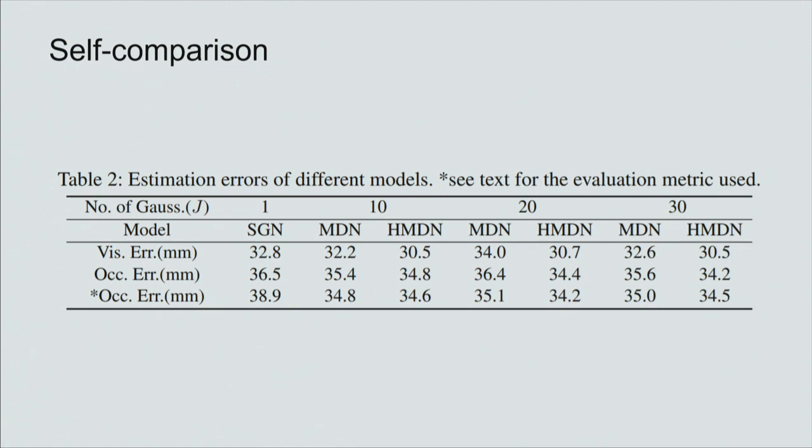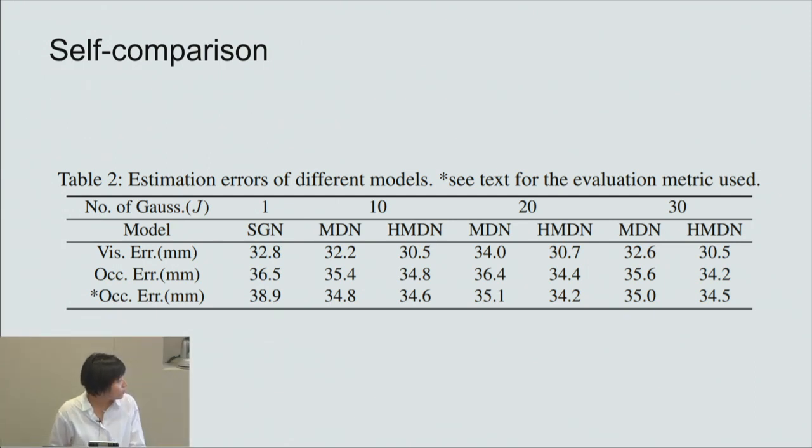If they are quite aligned, the distance should be smaller. So we can see the method we propose improved a lot over SGN for the occluded joints. When compared to MDN, it achieves similar accuracy.